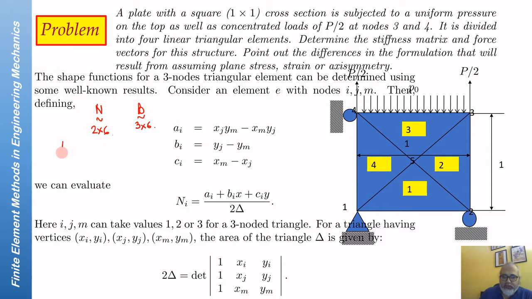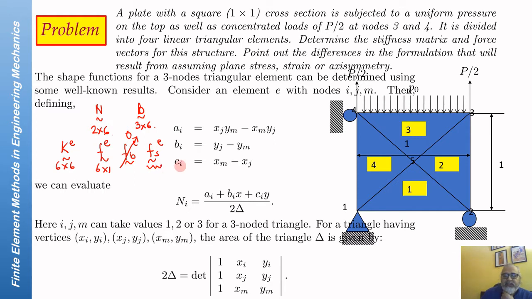Once you have this, you can calculate KE, which in this case would be a 6 cross 6 matrix, and FE, which consists of FBE and FSE, the body force and surface force parts. So these are 6 cross 1 vectors, where FBE is 0 in this case because there are no body forces in any of the elements.